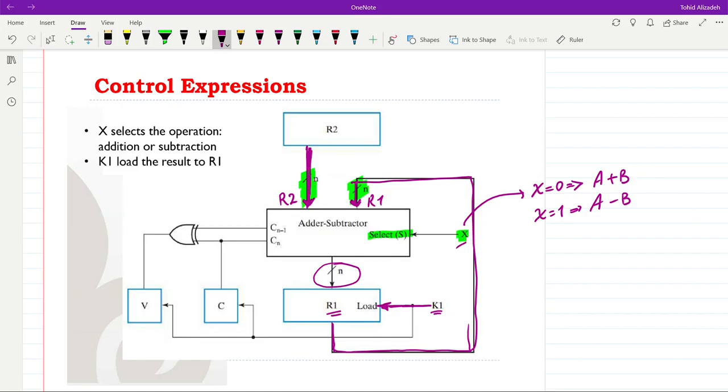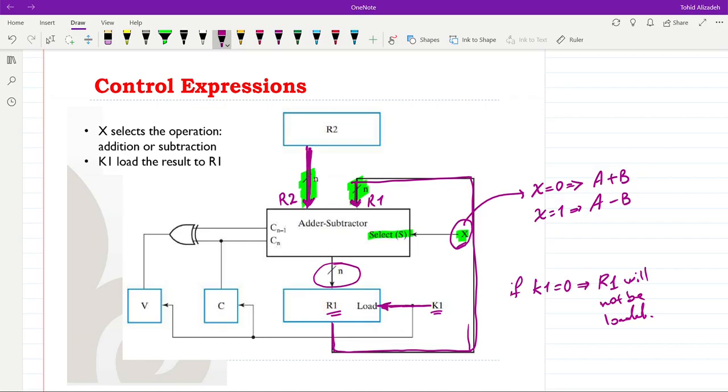What to load into it would depend on the value of X, whether the result of the addition or the result of the subtraction. And while K1 is equal to 0, then R1 will not be loaded. It will store its old value, so nothing will change in it.